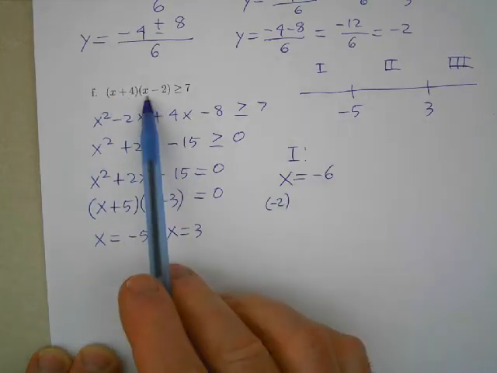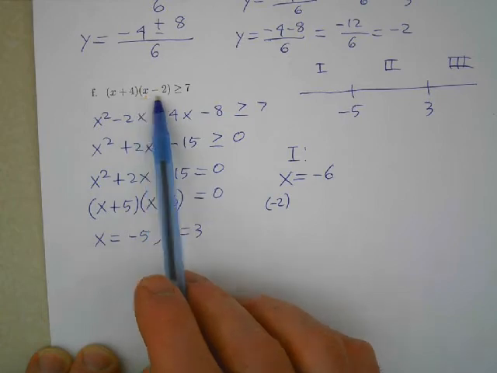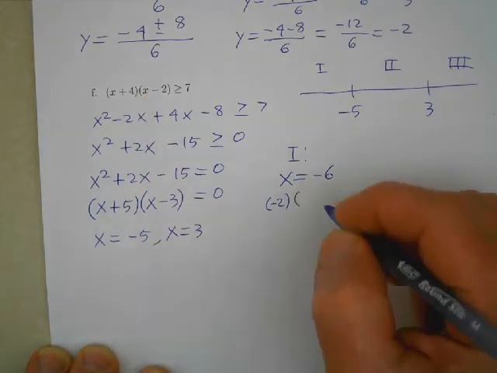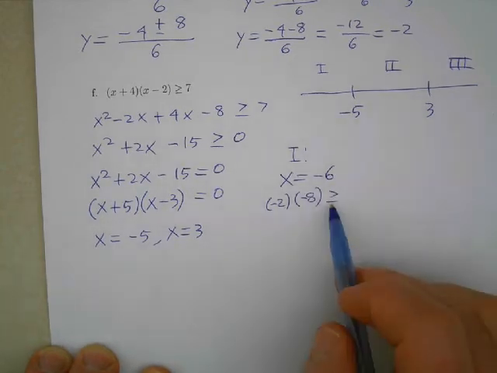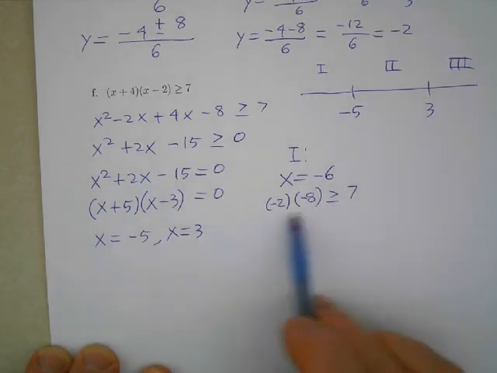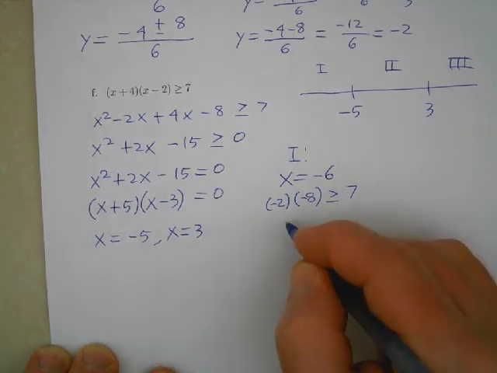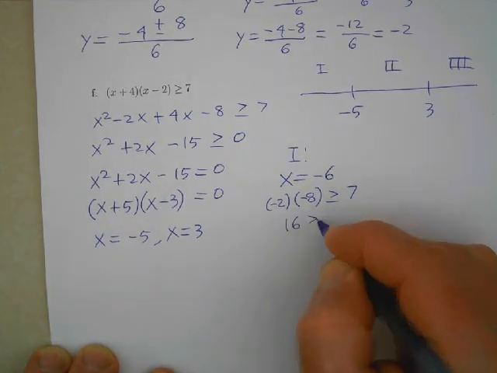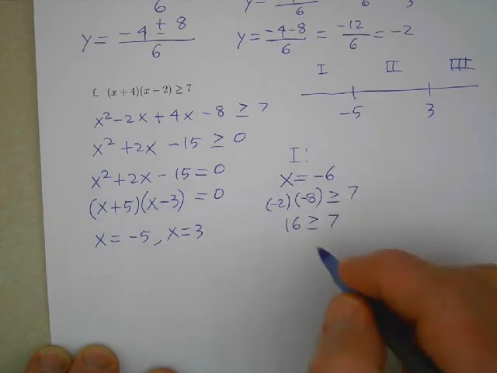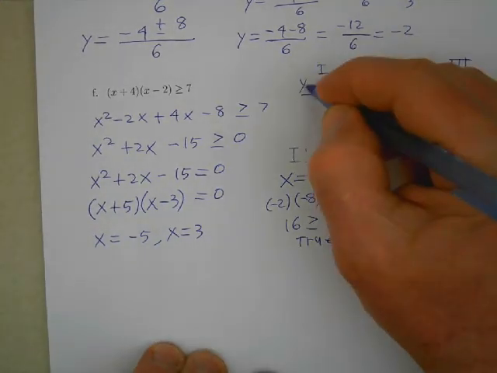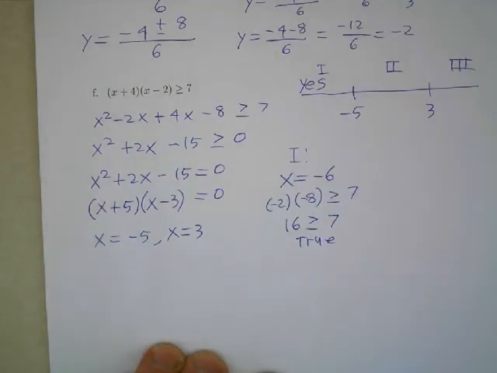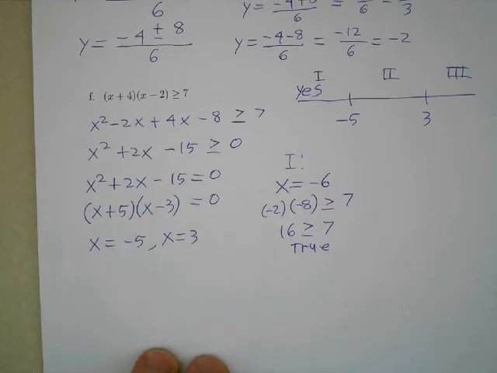In the other binomial factor, -6 minus 2 is -8. And -2 times -8 is +16, and 16 greater than or equal to 7 is true. So that means, yes, all of the numbers from -infinity to -5 are solutions.